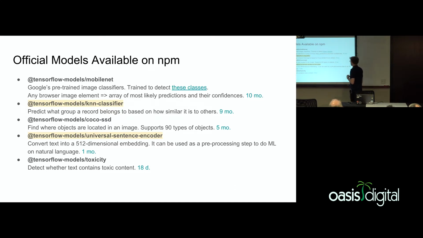And you can use this as a pre-processing step to do machine learning on natural language. So if you have your own kind of classifier, or if you use KNN, for example, you can convert your sentence into something that you can process, because it will give you the actual tensor representation of the sentence. And I'll go into a little bit more of that later as well.